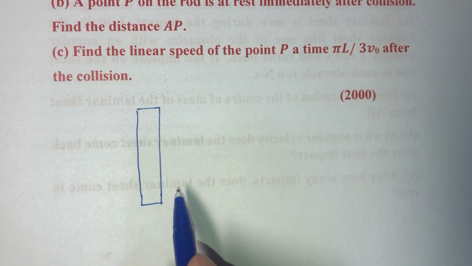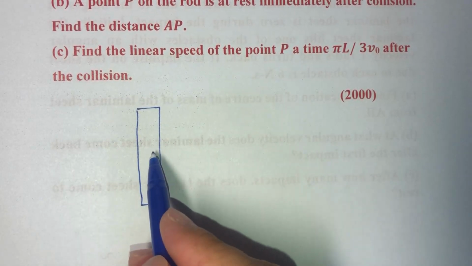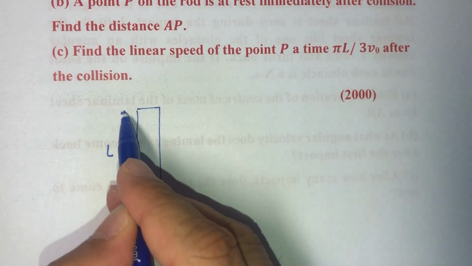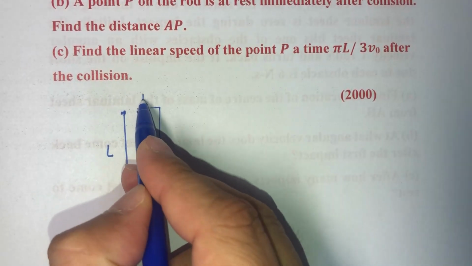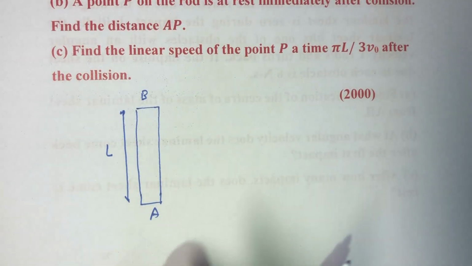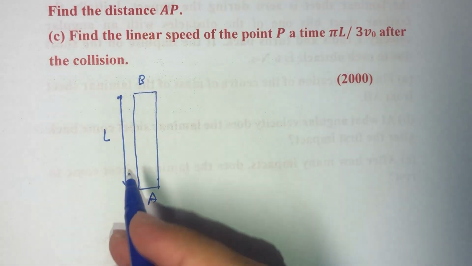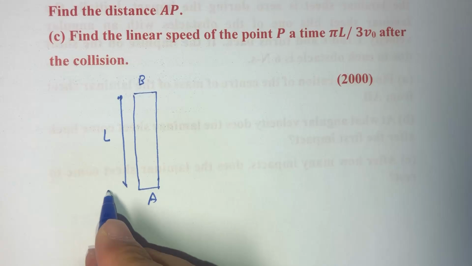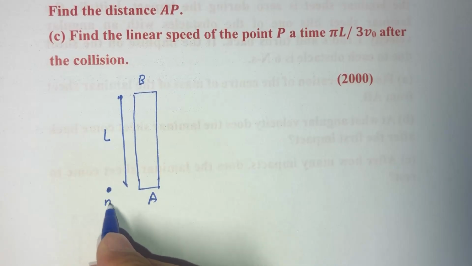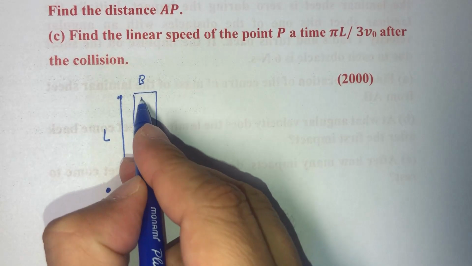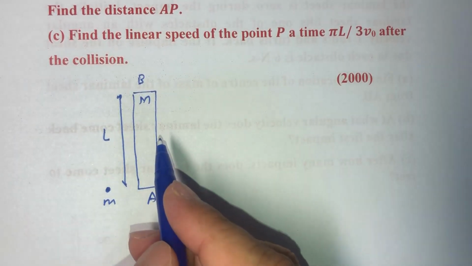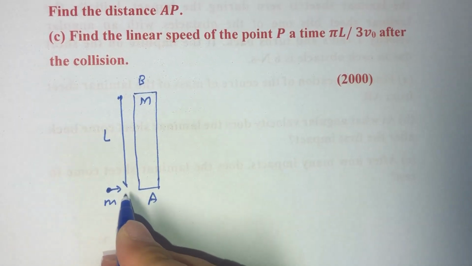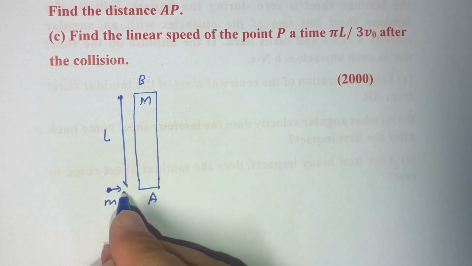Let us suppose this is the rod and the length of the rod is L. This point is B, and this point is A, and a particle of mass m hits the end A. This rod has a mass of capital M, and the particle is moving with the velocity v0.